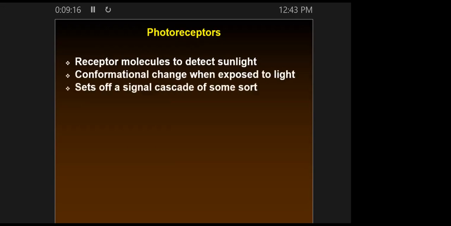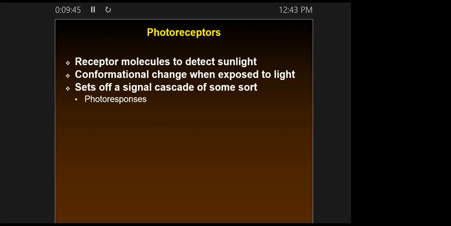And it then allows for some kind of signal cascade ultimately to the DNA, telling the DNA, the gene expression, to change. And so they call them photoresponses in the sense that it's all driven by the quality of light that these different photoreceptors are getting hit with, absorbing, and then that changes their shape.